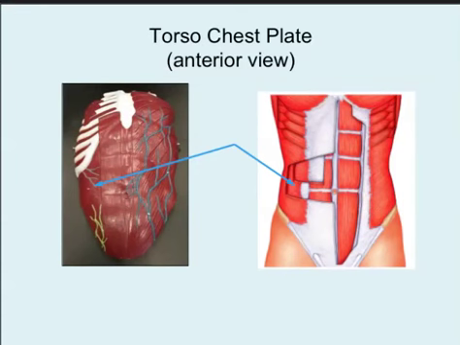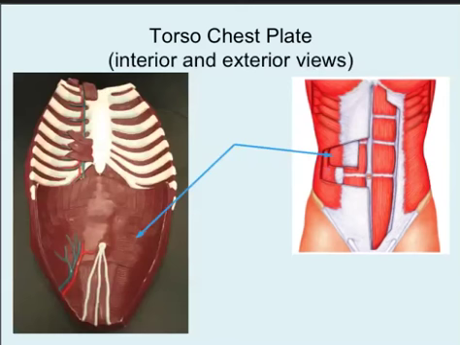What muscle are we looking at here? We're looking at the internal obliques. See the external oblique, the internal oblique, and the transverse abdominis and the rectus abdominis. Again, the muscles of the abdominal pelvic cavity that hold the organs in place and help to compress the stomach contents and the abdominal pelvic contents.